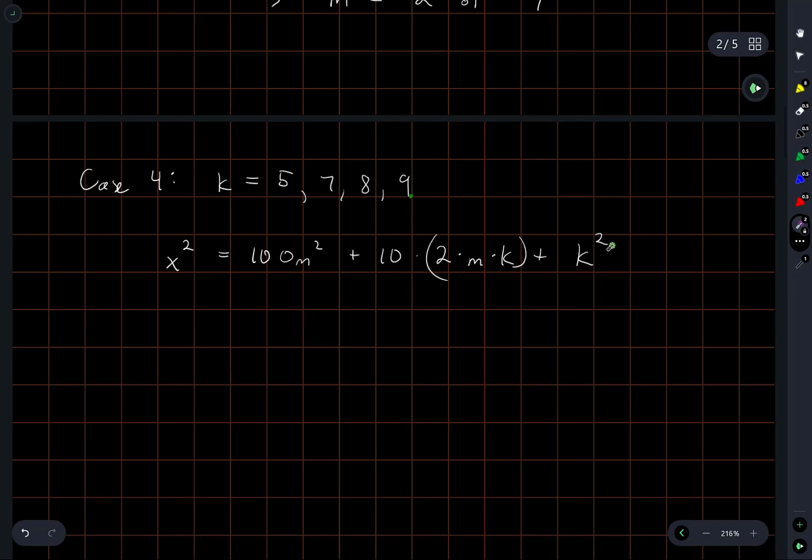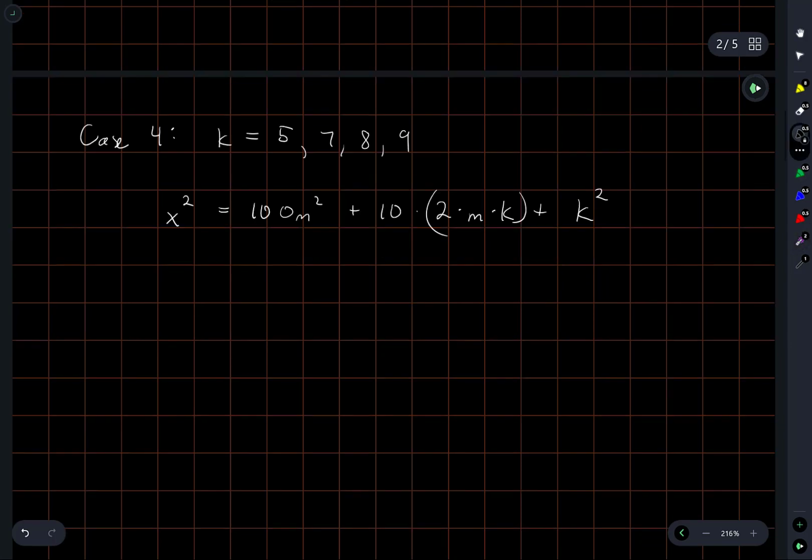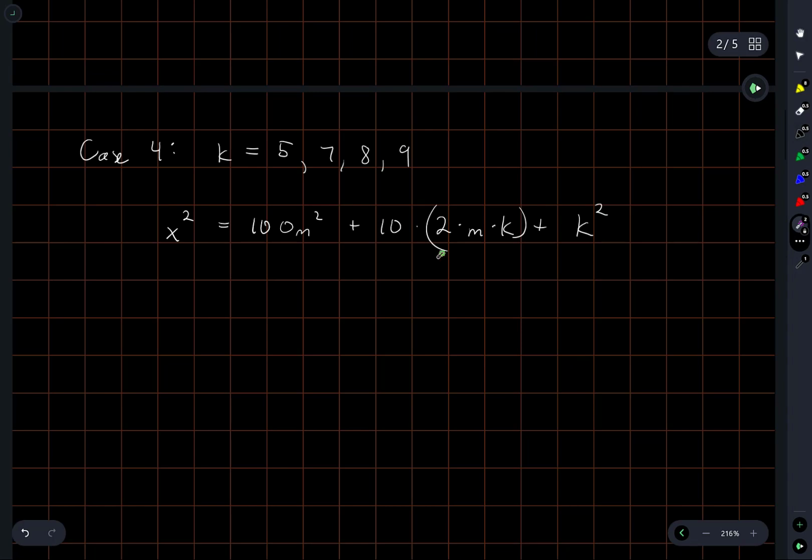And so when you take the tens digit of k squared and bring it into this term here, you're always going to have an even number here. So 2mk plus the tens digit of k squared is even.